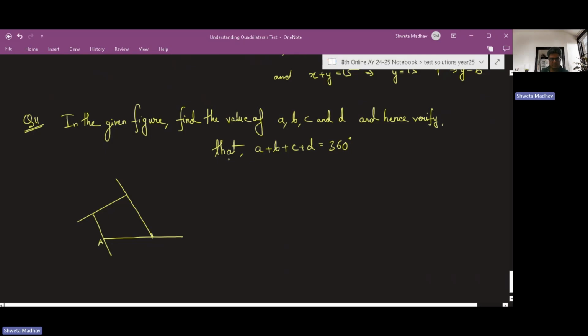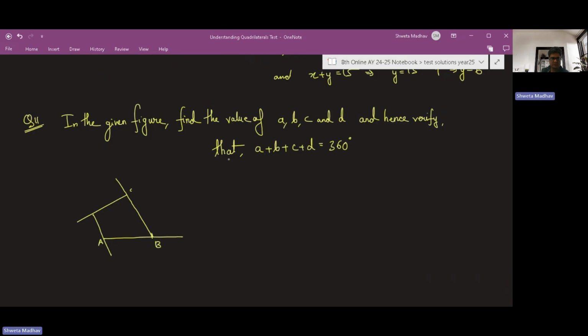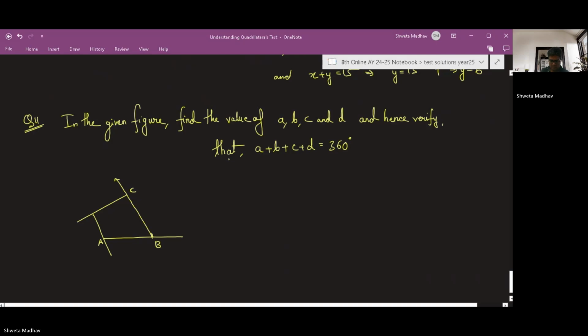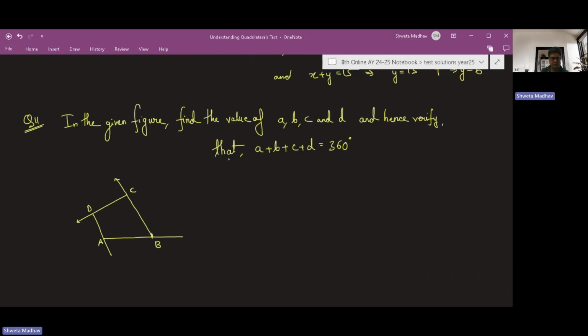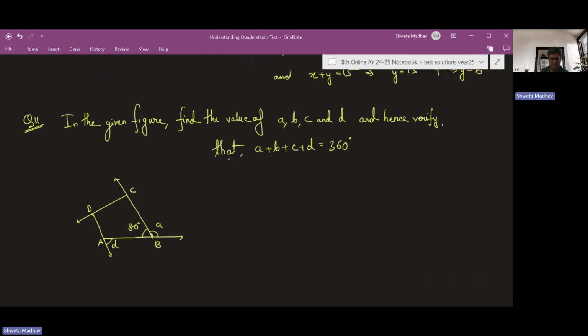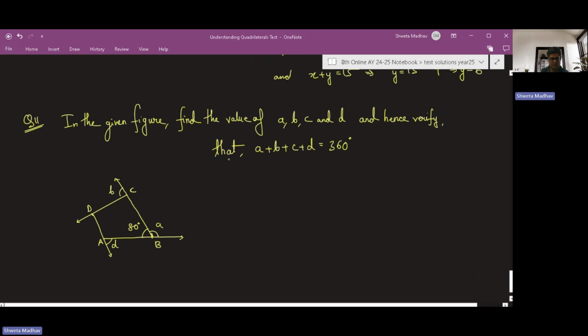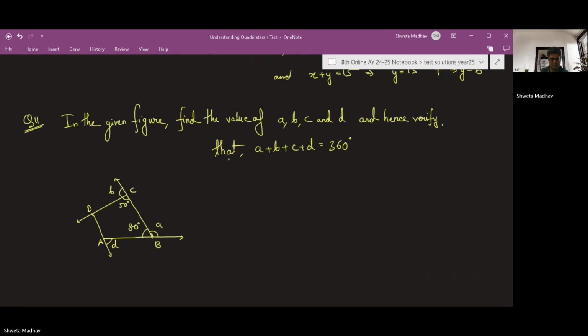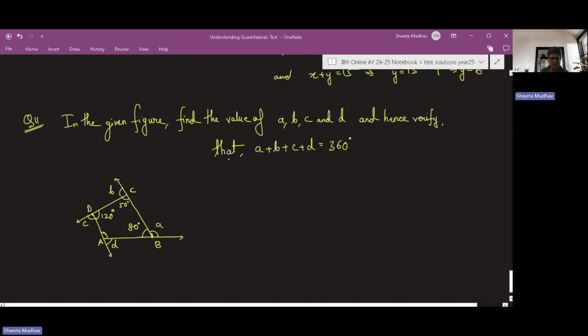This is A, this is B, this is C, this is D. Now it is told this is angle D, this is angle A, and this angle which is told 80 degrees, and this angle is B, this is 50 degrees, and this is 120 degrees, and this angle is C, and this angle is X.